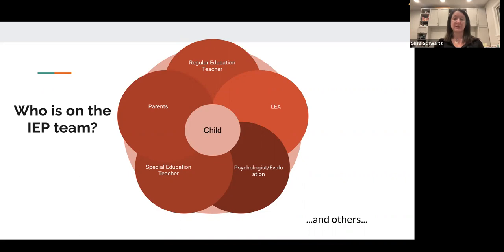The LEA needs to be there in order to either take notes and make educational team decisions. The psychologist is there to talk about the evaluation or any kind of documentation data. That data is what determines supports, and then the child is really in the center.